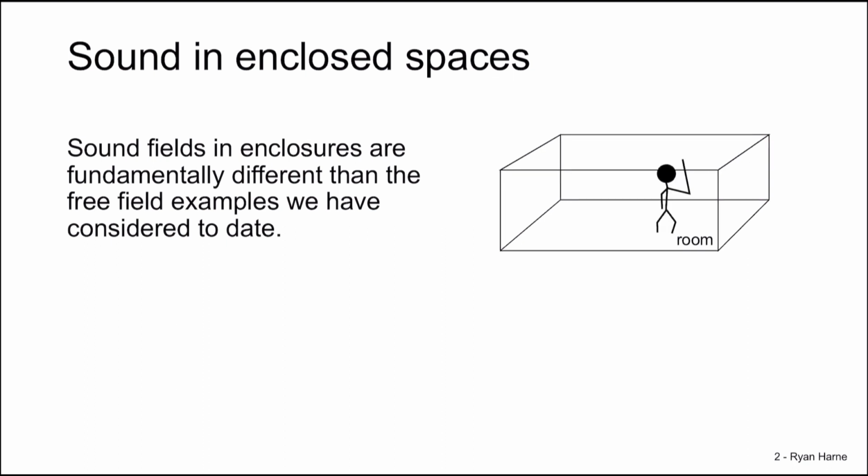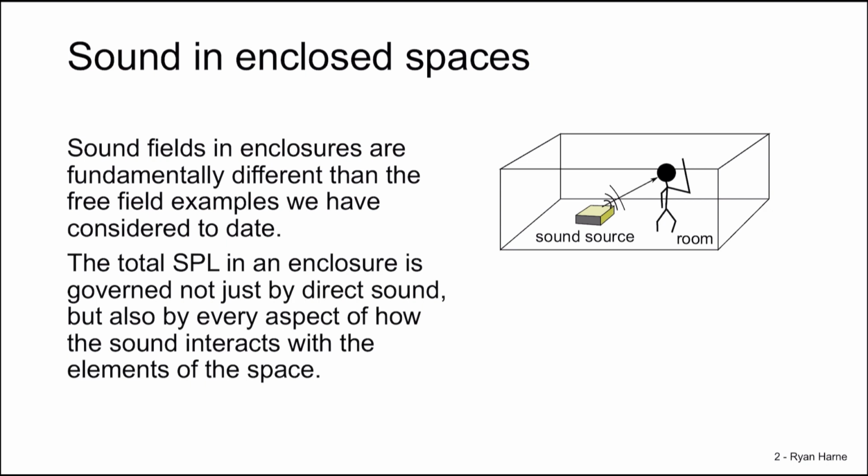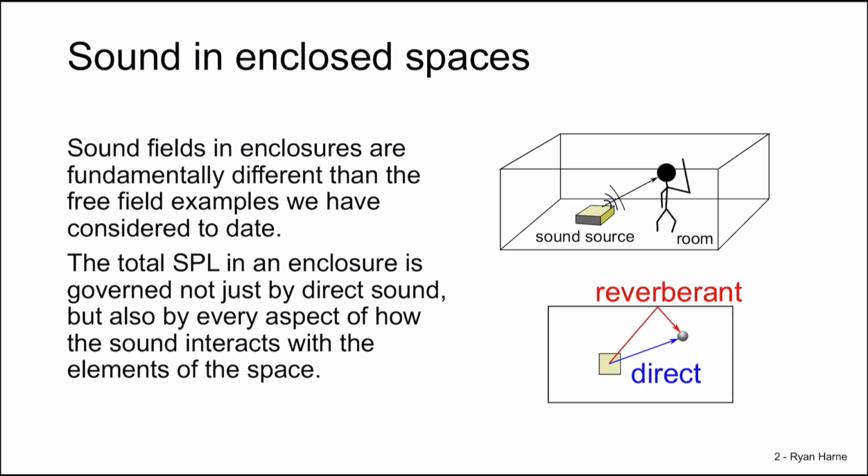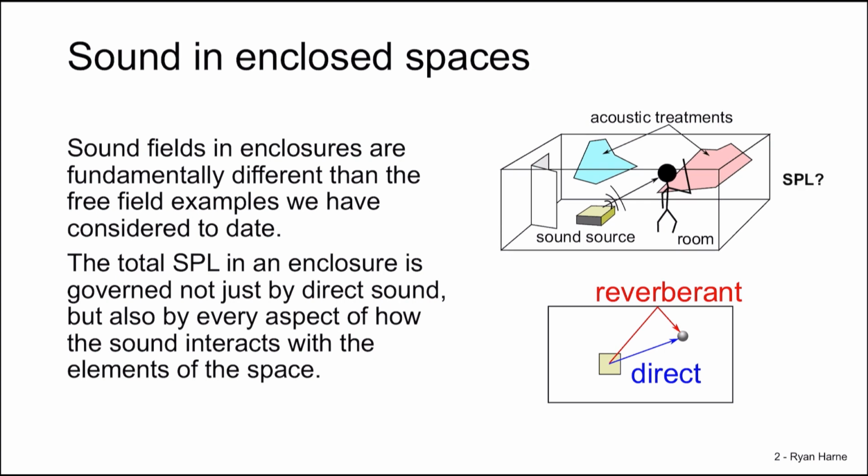And this is because if we are in a room with a sound source, what we hear is not just governed by direct sound, but is also governed by reverberant sound, because the direct and reverberant sound fields add up at our ears. And these reverberations may be affected by acoustic treatments in the room, furniture, open doors. So if we want to answer the question, what is the sound pressure level in this room, we need to learn how sound builds up in space.